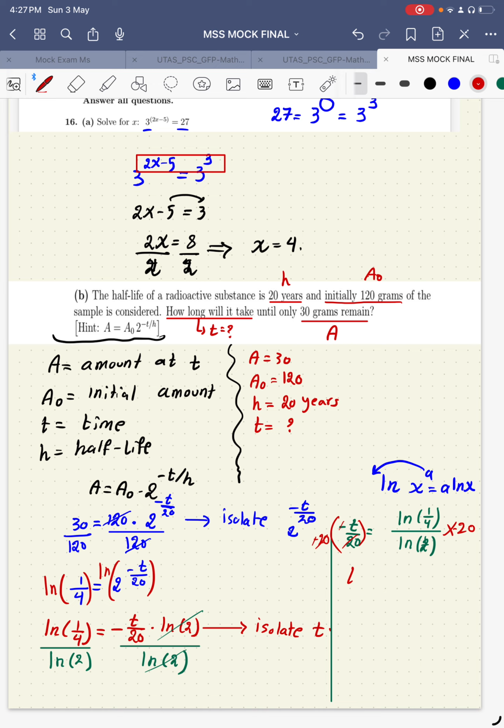So t equals minus 20 times ln 1 over 4 divided by ln of 2. And if I use the calculator, it will give me a very nice number, which is 40 years. So t equals 40 years.